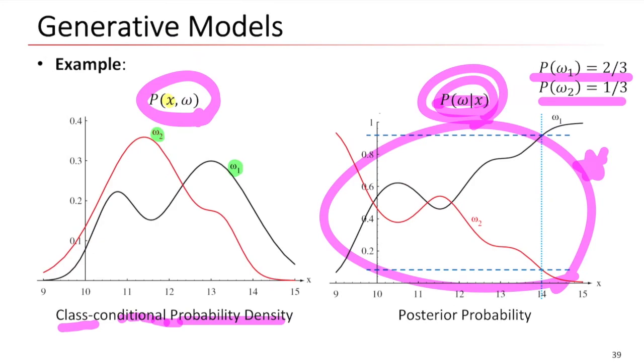What does that mean? At x equal to 14, the probability of the class w1 is something like 0.5. So this is the generative model too.